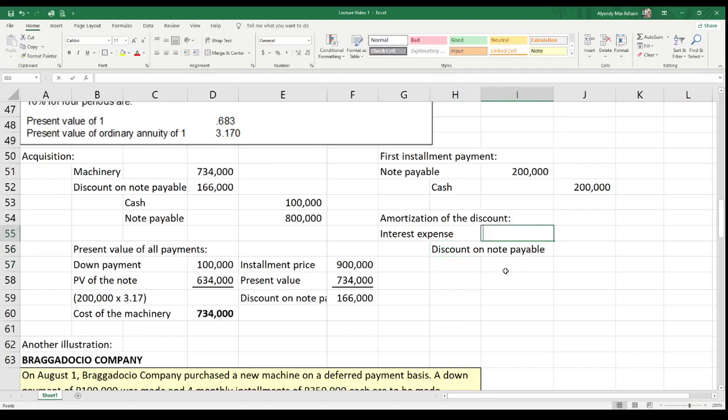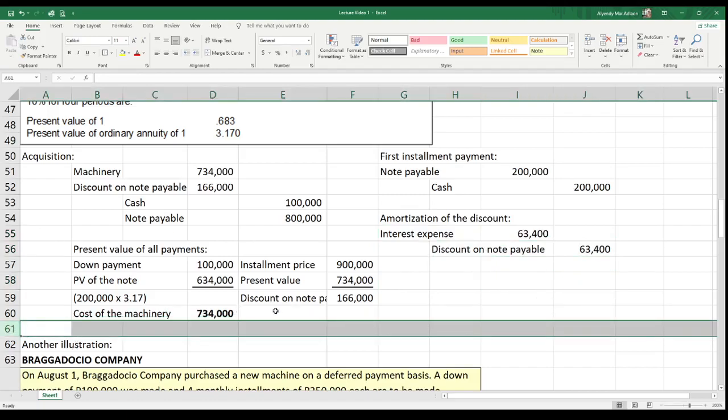You will get the present value of the note, which is 634,000, and then multiply it by 10%. So, you have 63,400. Okay, that's all. It is only the first year, so it is easy. But how about in the succeeding years?